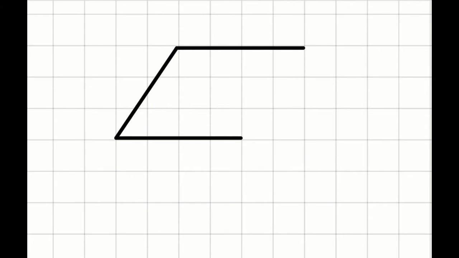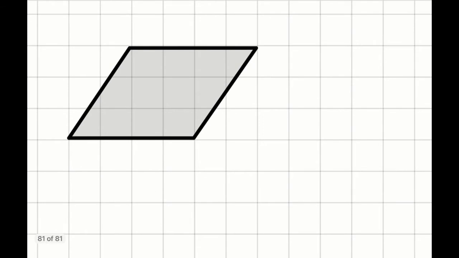I'm going to go ahead and bring back a parallelogram. Okay, there's a parallelogram. When you measure a parallelogram, many times you're going to see a dotted line like this.